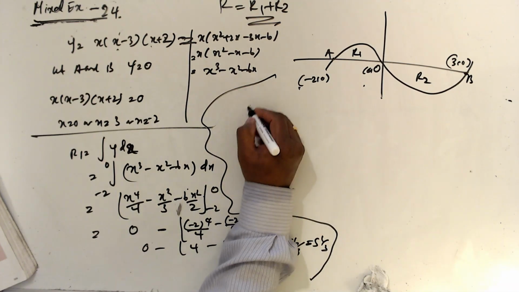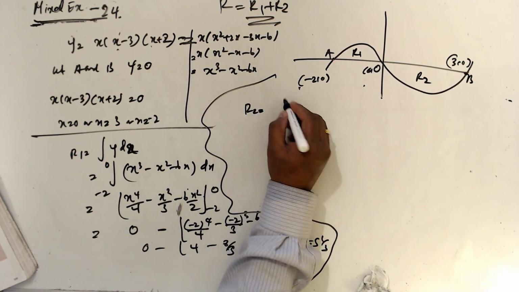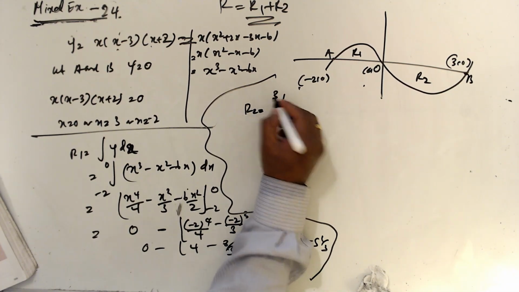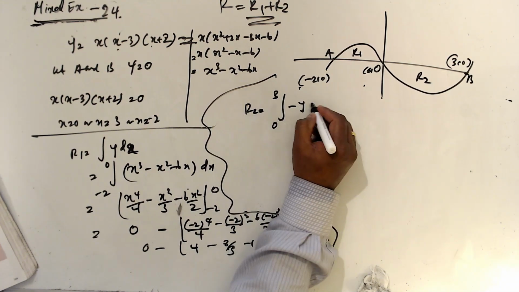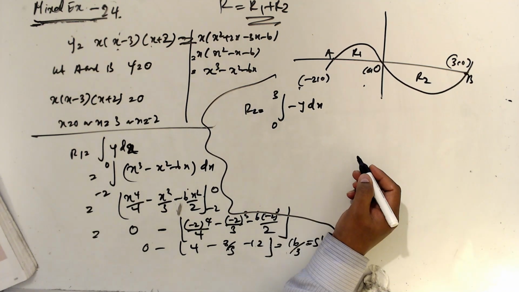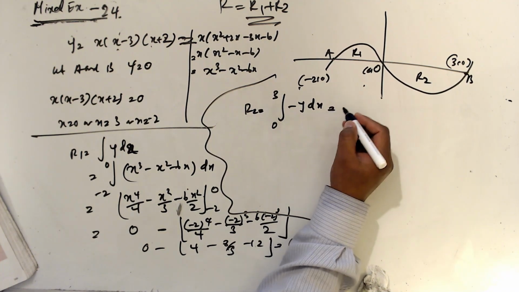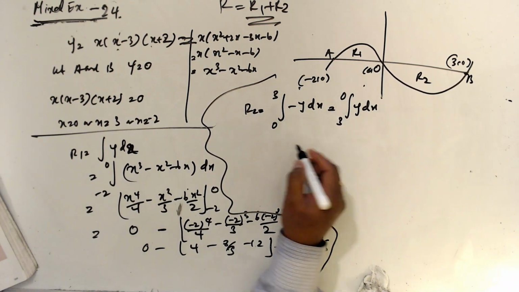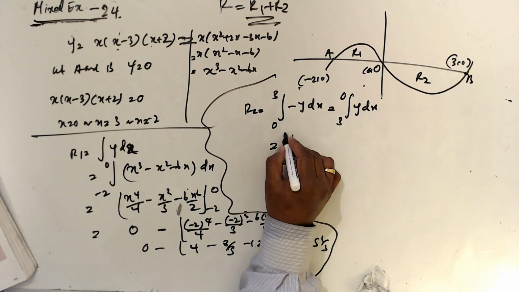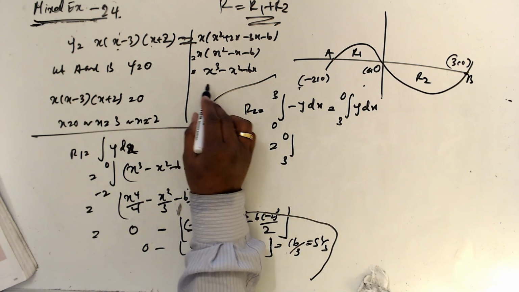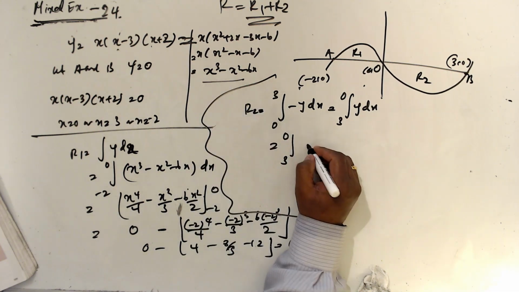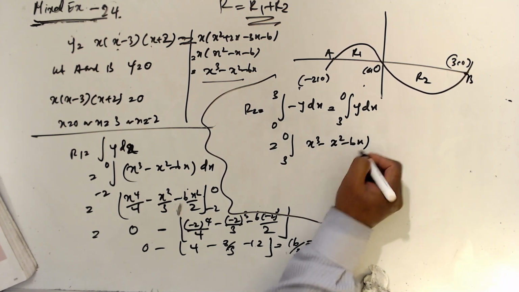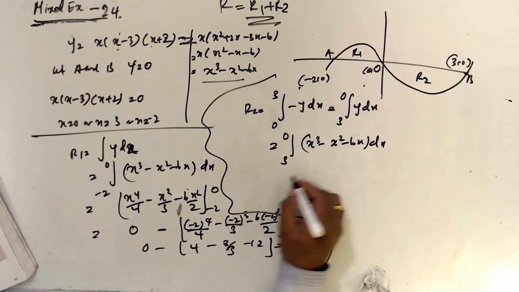So R2 means 0 to 3 of minus y dx. It means 3 to 0 of y dx. So 3 to 0 of y means x cubed minus x square minus 6x dx.